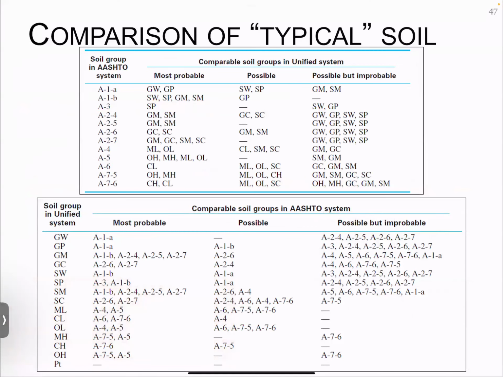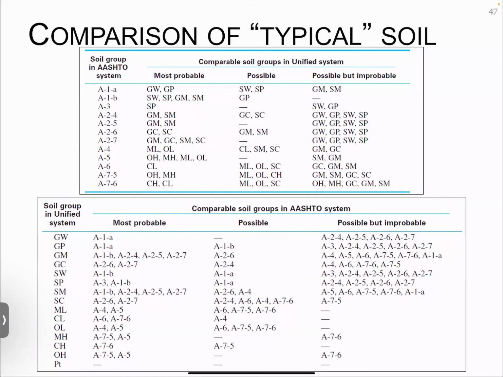So here's some general typical soils, a comparison, the overlap between them that will help. But since they're different classification systems, you can't compare apples to apples. Generally, your A-1s are going to be the gravelly soils. Your SMs and your SCs are going to be your A-2-4, A-2-6, A-2-7s. And then your primarily silts or primarily clays, so your Ms and your Cs, for your group indexes will be more so the A-4, A-6s, and A-7s.